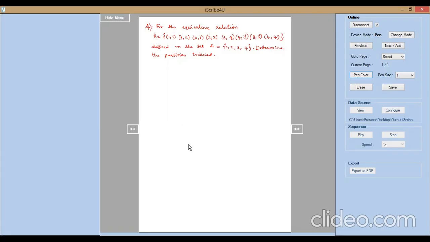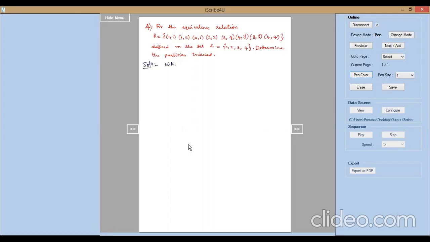So we will recall the equivalence class. The equivalence class of a is given by x belonging to the set A such that x is related to a. So that's the definition for equivalence class, no? So I'll just write down the same thing and then start the solution.